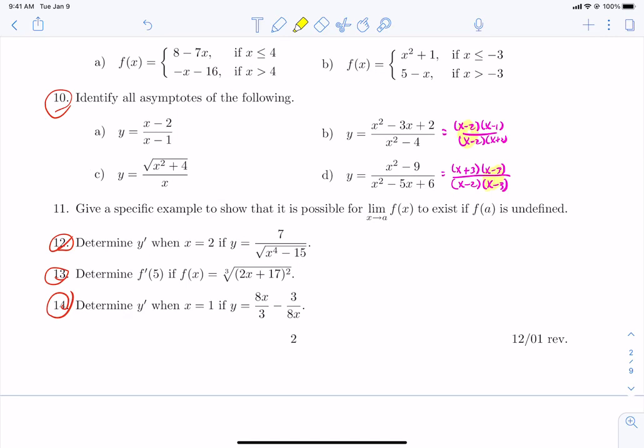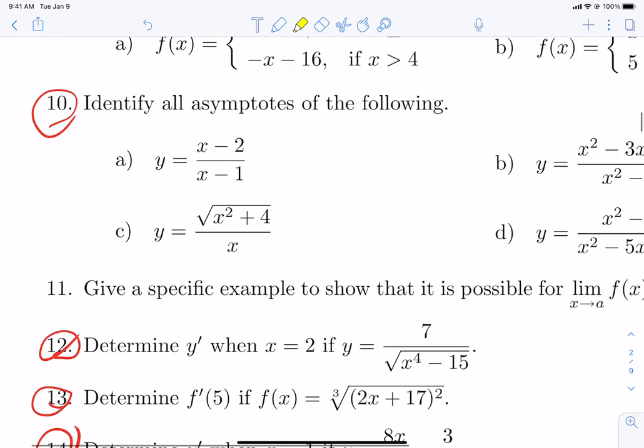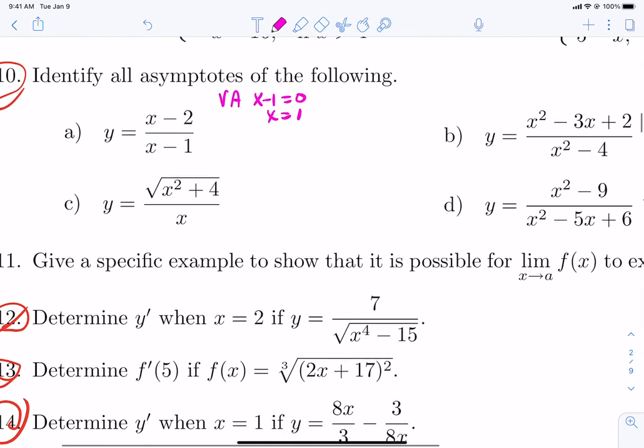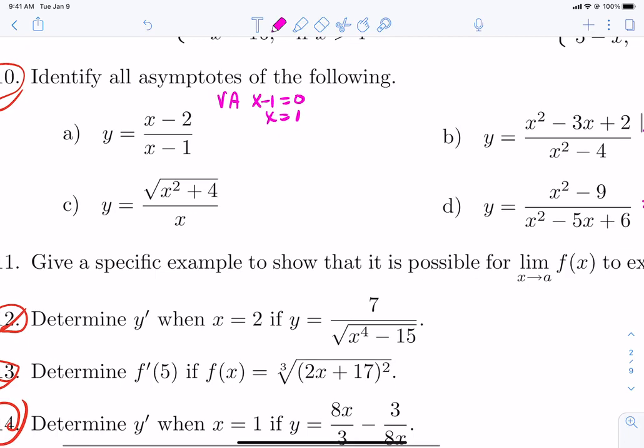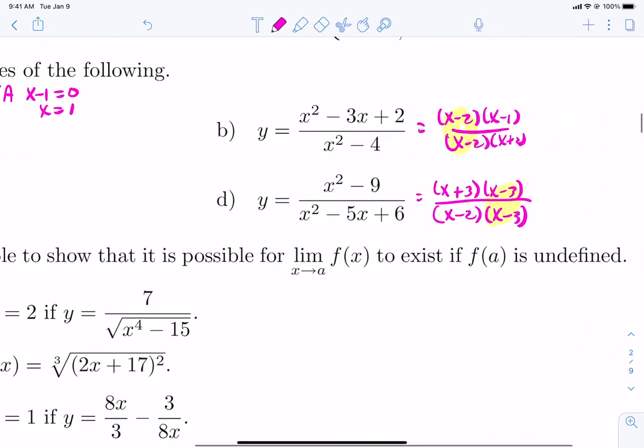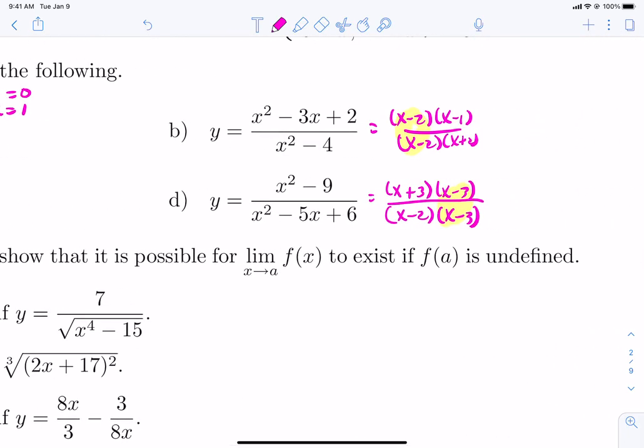Okay, so let's start with 10a. Now that they're all ready to go, again, we'll discuss C in a minute. Let's look at all our denominators. Let's do our vertical asymptote. So there's a vertical asymptote where x minus 1 equals 0. We're at 1. For number 10a, there's a vertical asymptote at x equals 1. 10b, we're only concerned about the factor that's left.